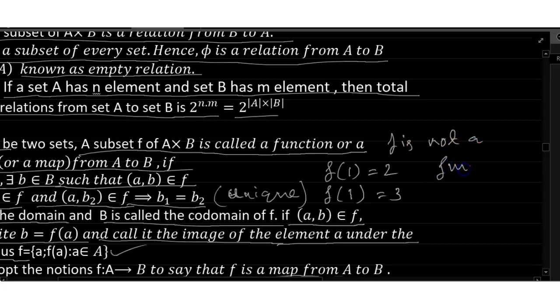Not a function means it is not unique. If F(1) equals 2 and F(minus 1) equals 2, it is possible. But if F(1) equals 2 and F(1) equals 3, this is not possible. I hope it is clear.